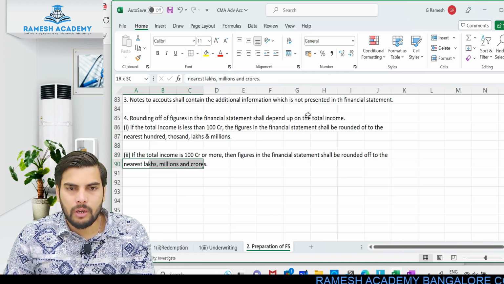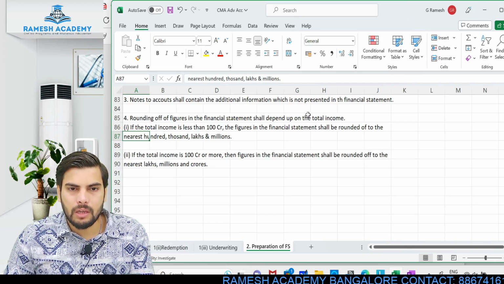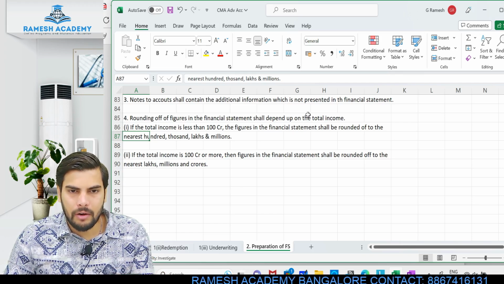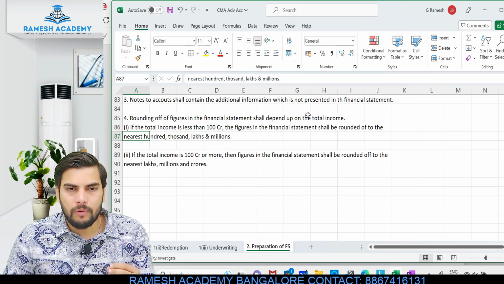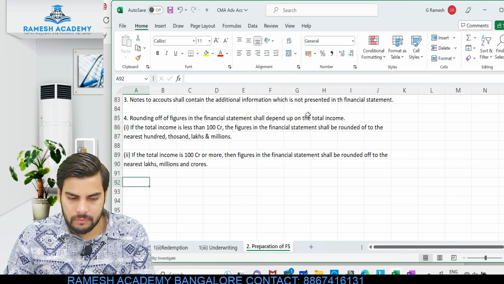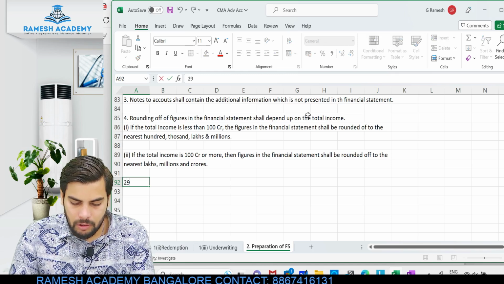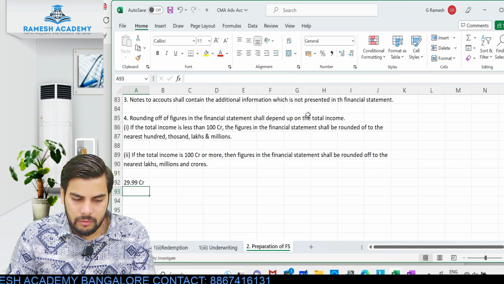Clear? So rounding off will be done to the nearest 100,000, lakhs or millions if the turnover or the total income is less than 100 crore. If the income is 100 crore or more, rounding off will be done to the nearest lakh, millions or crores. Clear? So suppose I got 29.99 crore, I'll be rounding it off to 30 crores.